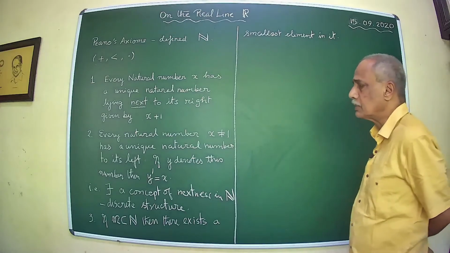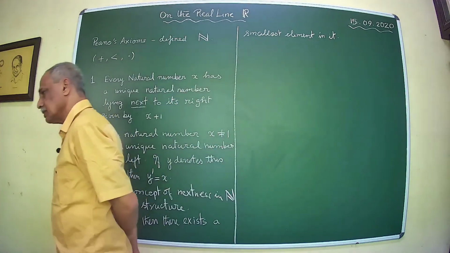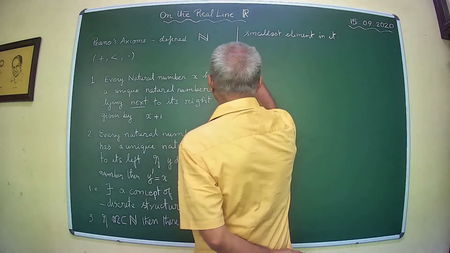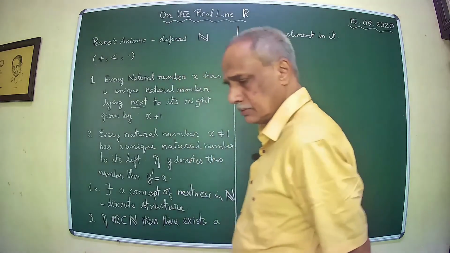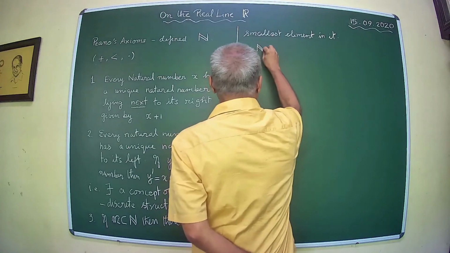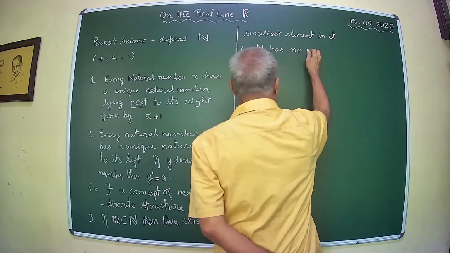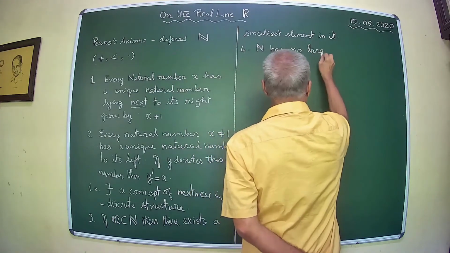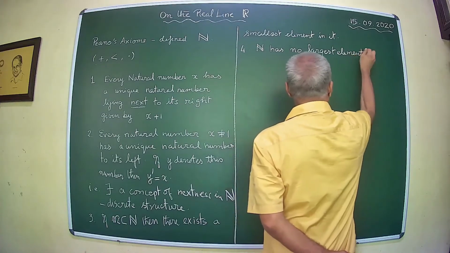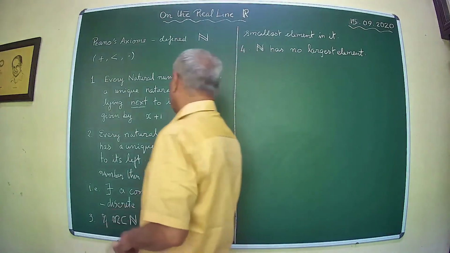No matter which subset you choose in N, there is always a smallest element in it. Now the fourth property that we observe is that N has no largest element. That means if there is an x, then there is an x prime, or x plus 1.